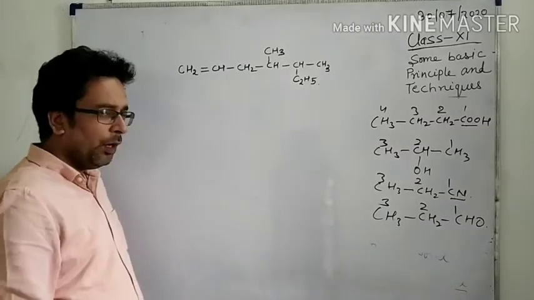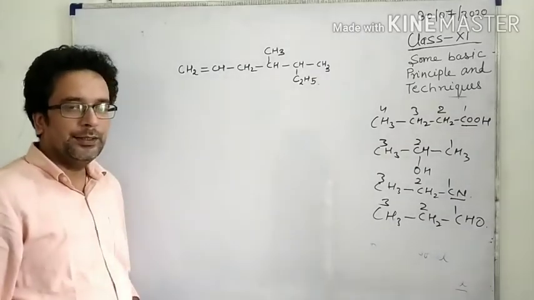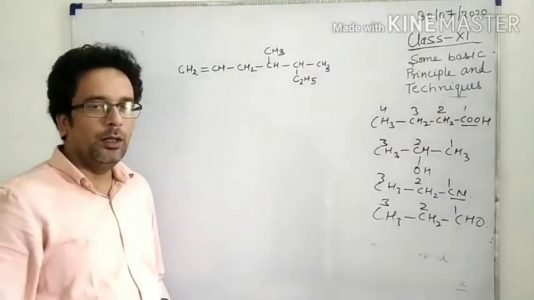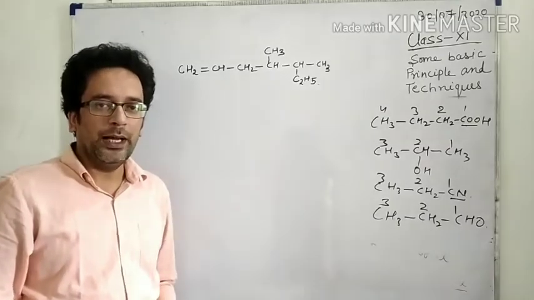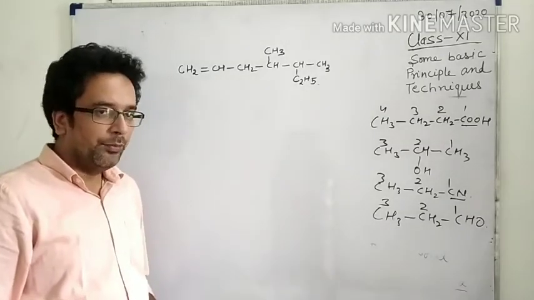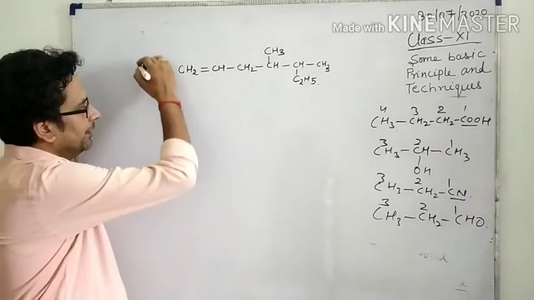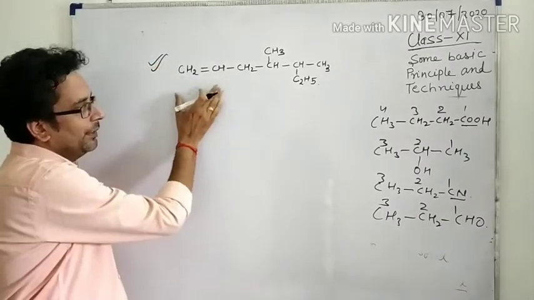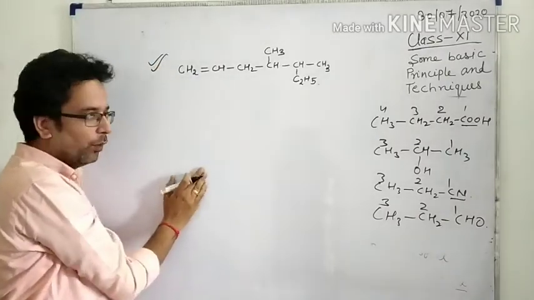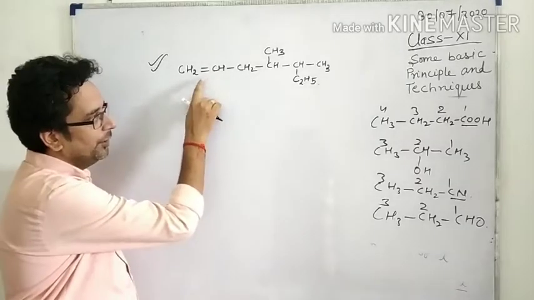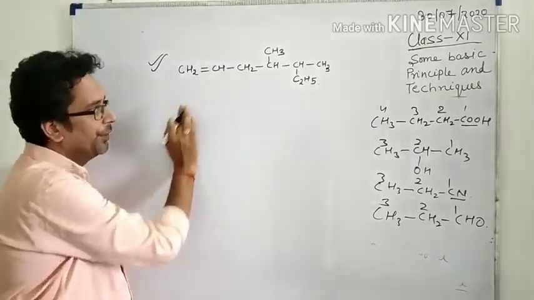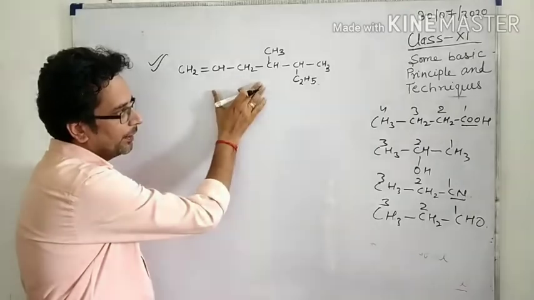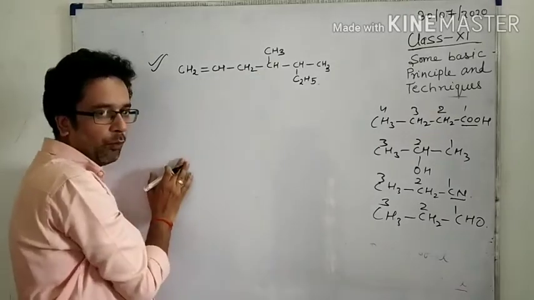Okay. Now before going to discuss that part, that is, naming of organic compounds having a functional group, first discuss this example. What is the name of this compound? Okay. Now look here. It contains a double bond. So this is a compound having a double bond. What is the rule?